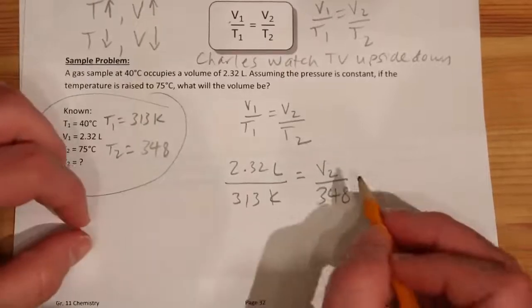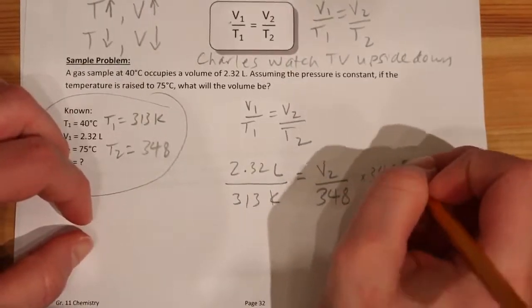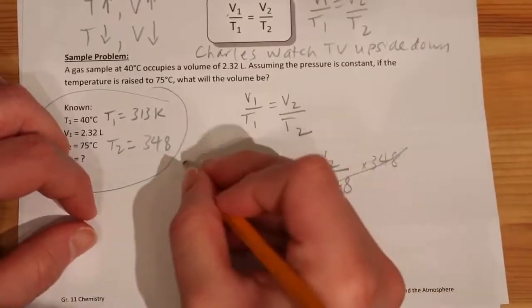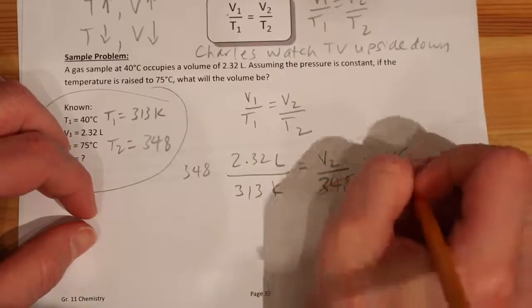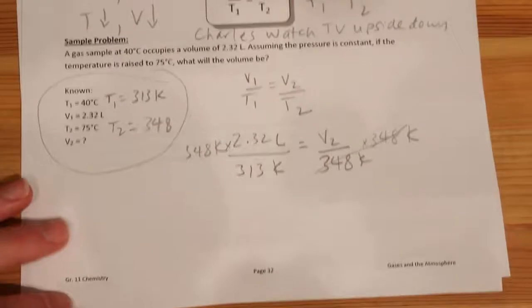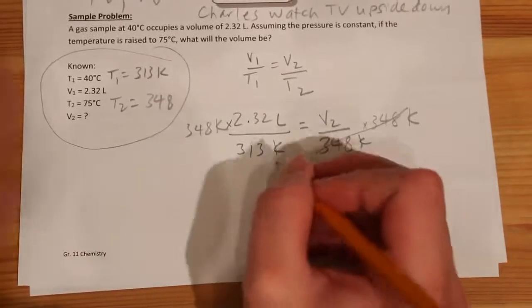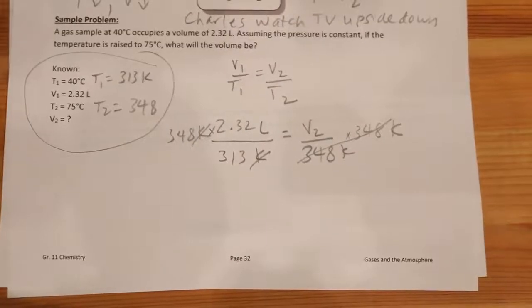Okay, so in order to get V2 by itself, we just multiply both sides by 348 Kelvin so that it cancels over there. Okay, and then the Kelvin on here cancels with the Kelvin on top, so we're only left with liters.